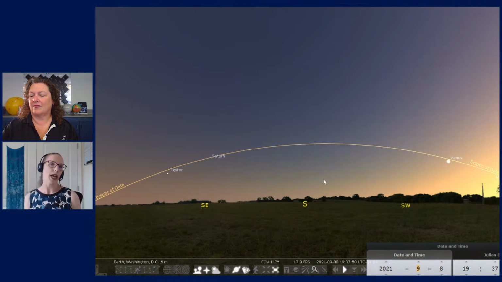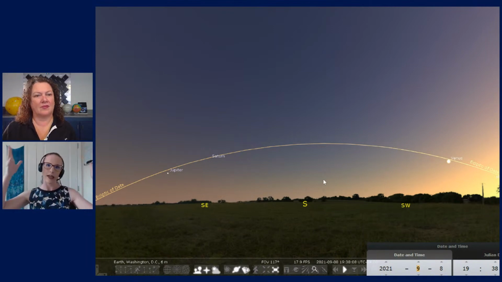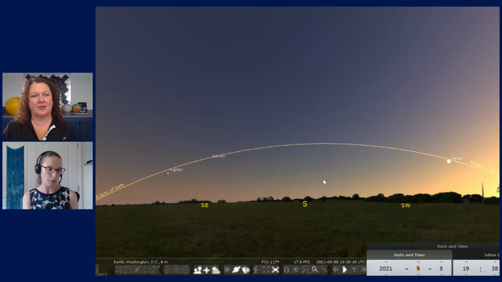The thing that will change what you see in the sky and kind of how high things are or which constellations you see, that difference will be how far north or south you live. So our friends in Alaska, who are much farther north than where I am, will see the North Star, sort of those northern hemisphere constellations really well, but there will be some stars that are farther south that are below their horizon that they can't see.